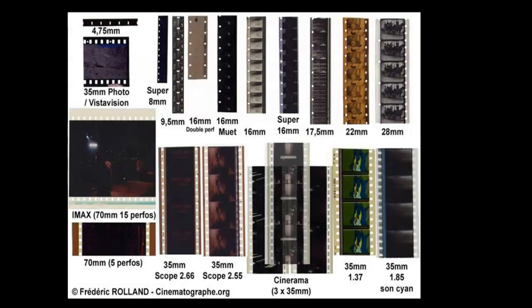Here is a more comprehensive list and visual of different film stocks. You see in the middle bottom the Cinerama film stock, where 3 different films would be run at the same time. You also see the wider and more expensive film stocks on the bottom left.